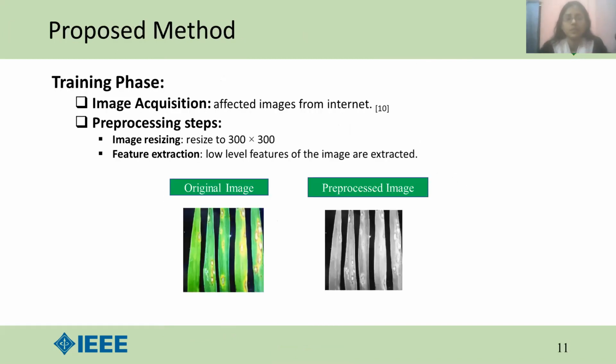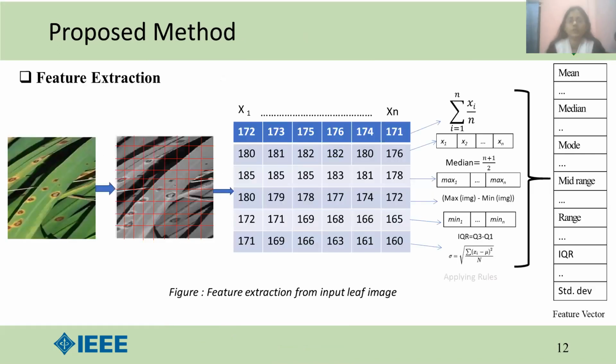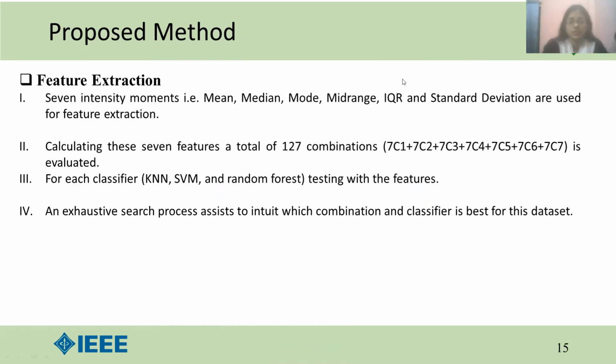So this is the training phase, where image acquisition and image preprocessing are contained, and the feature extraction process. Firstly the image feature is extracted, and then applying the math formula, the feature vector is created here.